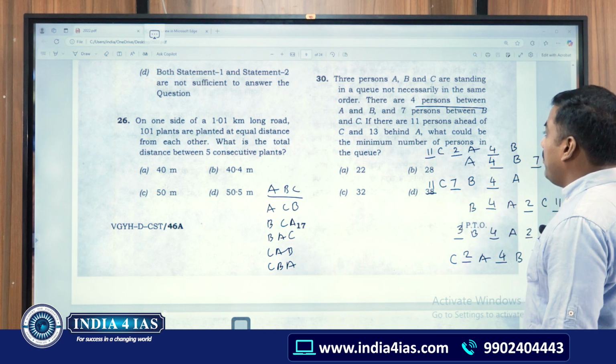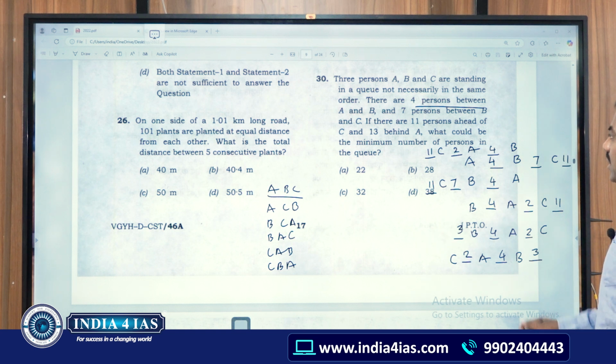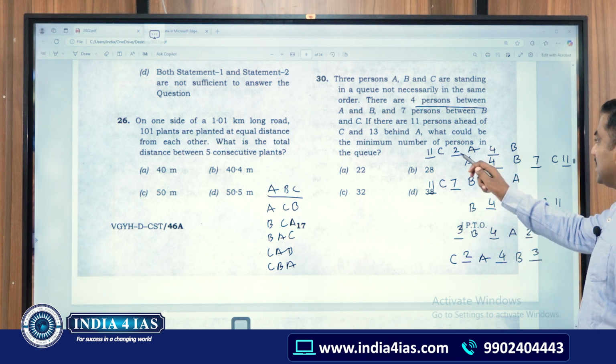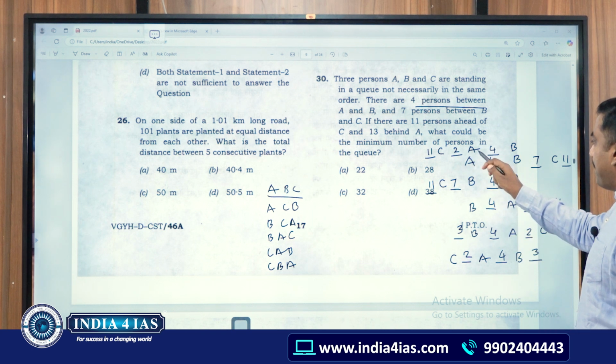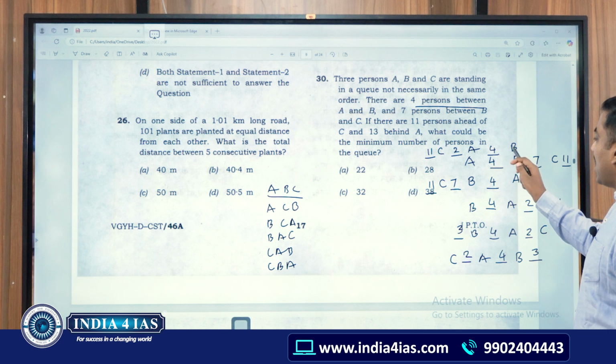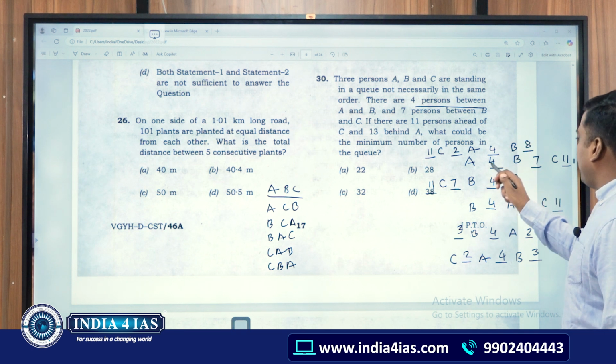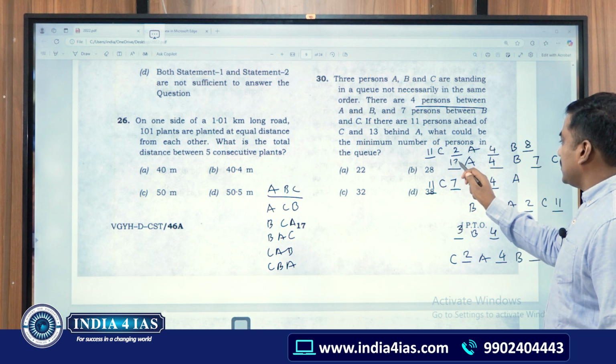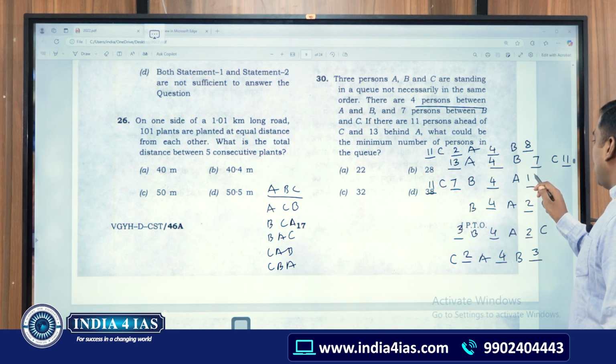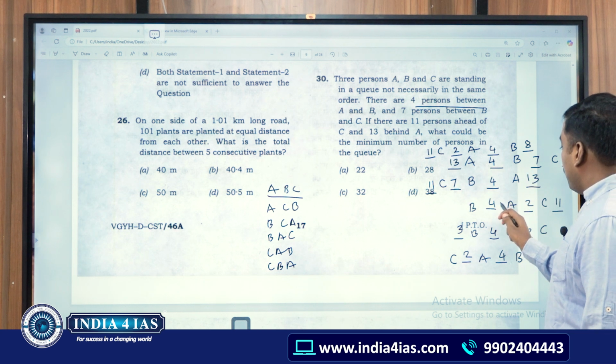And 13 behind A. See, when 11 persons are in front of C, then behind A are 13. So, in this case, behind A, there are 5 persons. So, here another 8 persons. Here behind A, 13 persons. And here behind A, 13 persons. Here behind A, B and 4.